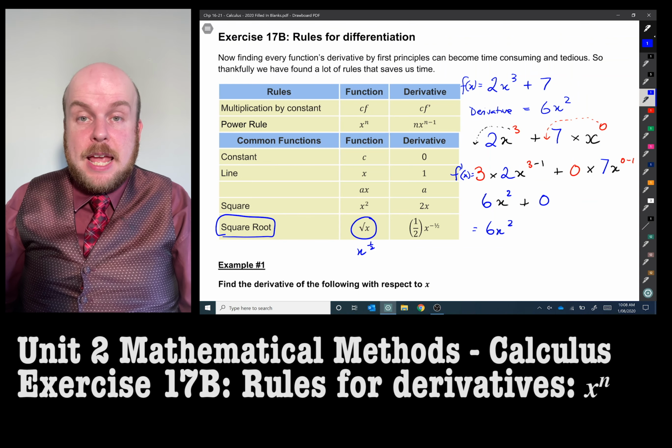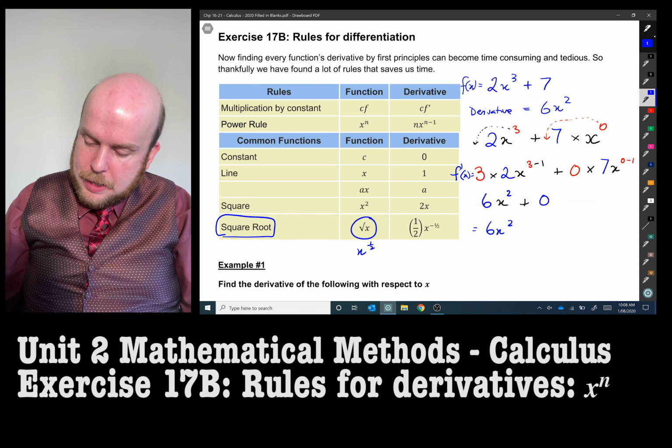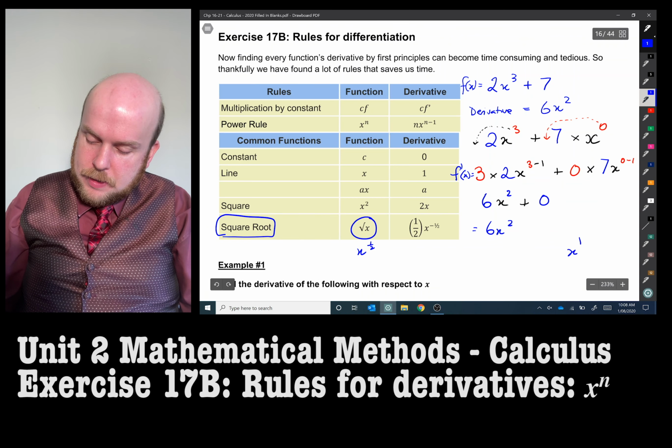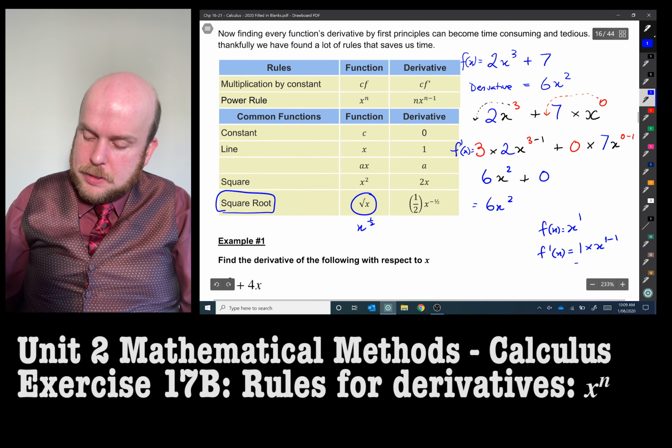If it's just a letter x, that becomes a 1. Why is that? Because if I've got x to the power of 1, the derivative of that is just going to be 1 times x to the 1 minus 1, which is 1 times x to the power of 0, which is equal to 1.